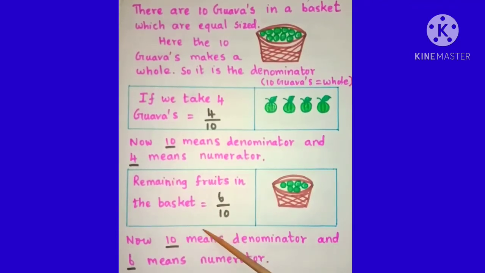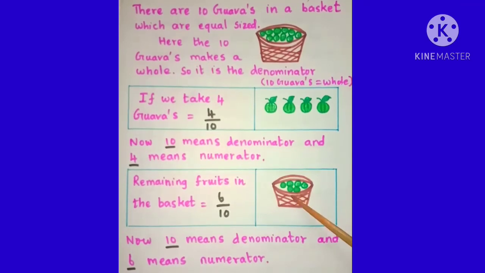What will be the fraction of remaining fruits in the basket? Yes, that is 6 by 10. Because from 10 you have taken 4 guavas already, and what will be the remaining guavas? 6 guavas. Okay, total guavas 10.